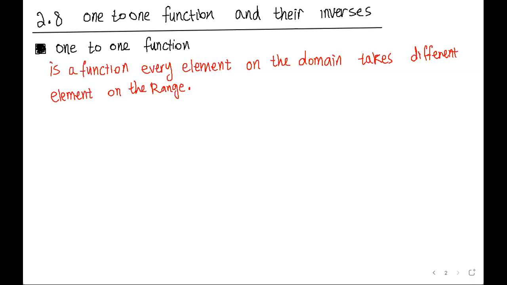Let me explain what that means. Suppose I have two sets. This is the first set here, in black color. Okay, so I have two diagrams. I'll explain by using the diagrams.